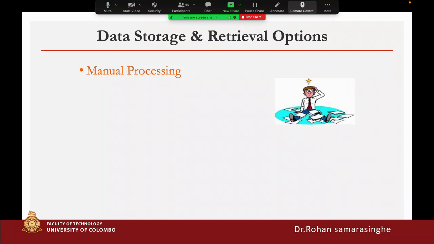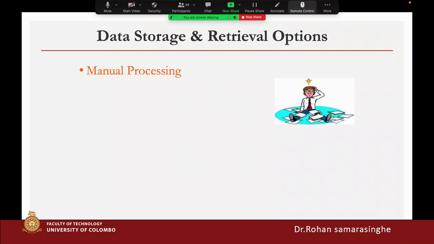You can't sort those names correctly. So you can understand the difficulty of doing it manually. Even in simple databases with fewer than 10 records you can use manual processing, but with the increase of the data, it will be difficult to process the data manually.